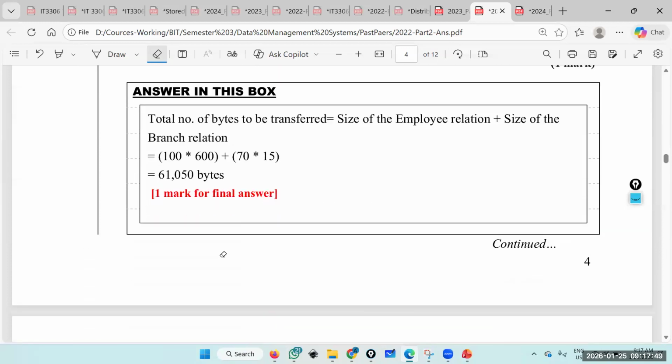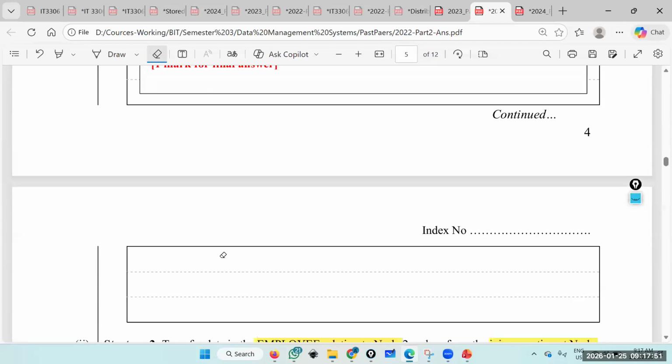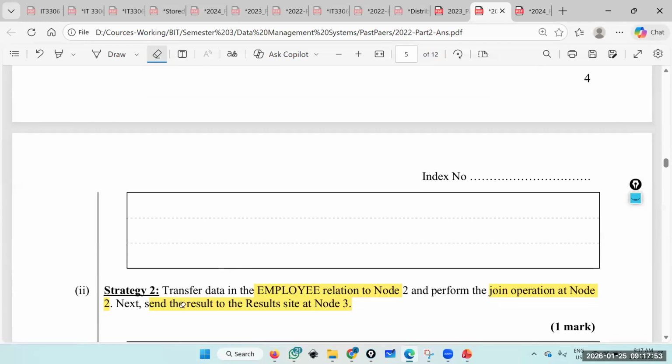Right, strategy 2. Transfer data in employee relation to node 2 and perform the join operations at node 2. Next, send the result to node 3. So let's assume the join and project are all done, that is how it's usually done.